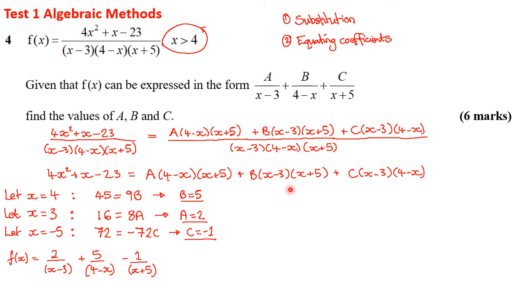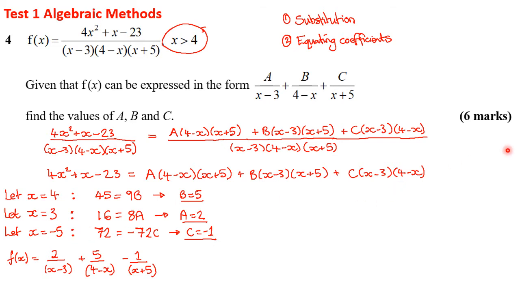Okay, now that's all well and good and generally the preferred method. However, here we're given the condition that x is greater than 4. So if x is greater than 4, our substitutions of x equals 4, x equals 3 and x equals minus 5 can be a little bit dubious.